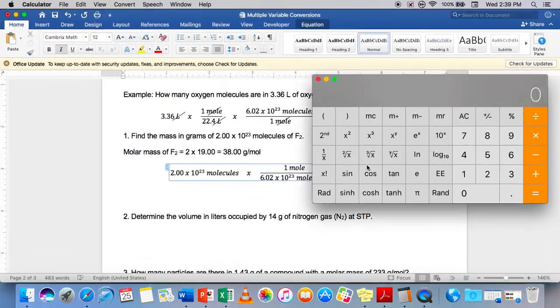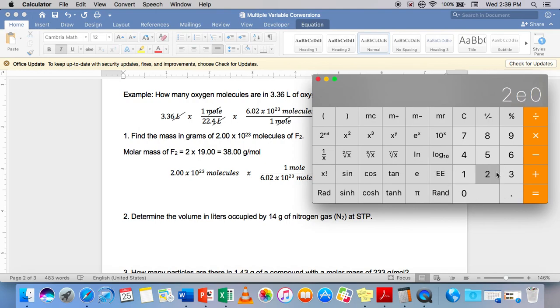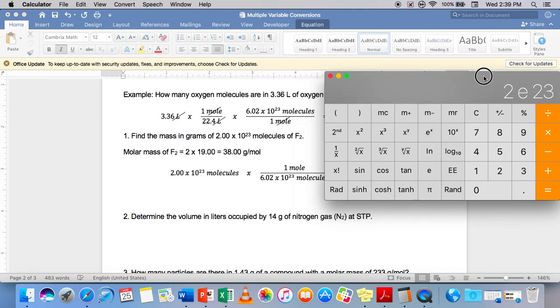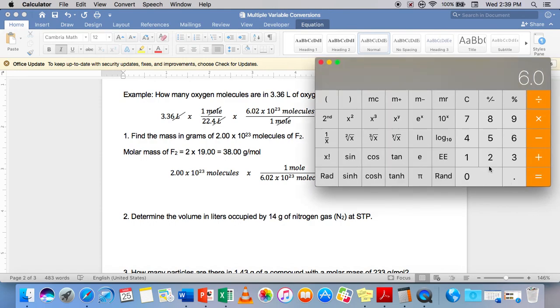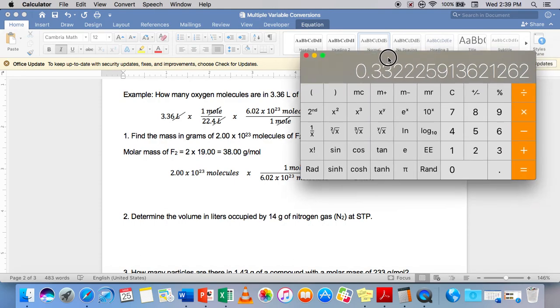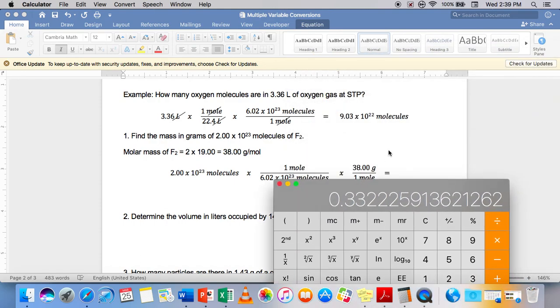So how do we put this in our calculator? Okay, 2.00 E23, and I'm going to multiply it by 1 and then divide by Avogadro's number. So I want to divide by 6.02 E23. I can hit the equals button if I'd like. Okay, so that's how many moles I have, but I'm not done because there's another step.